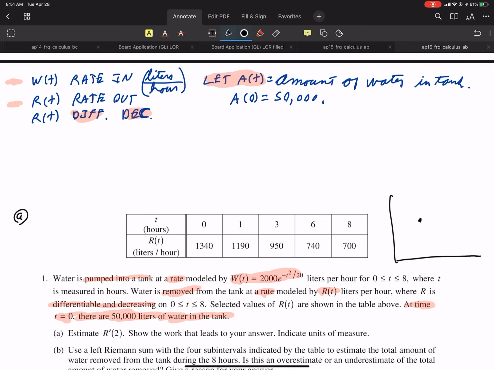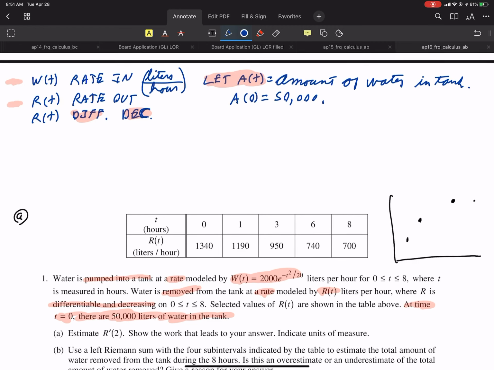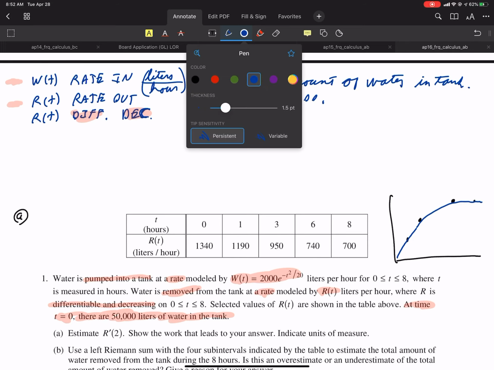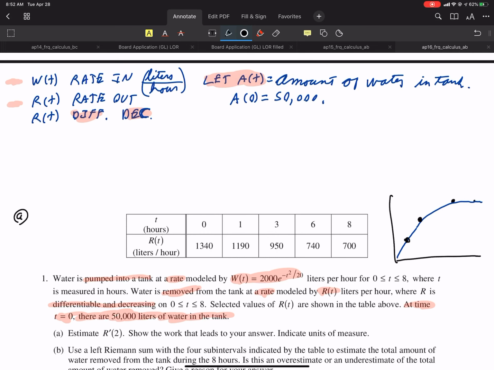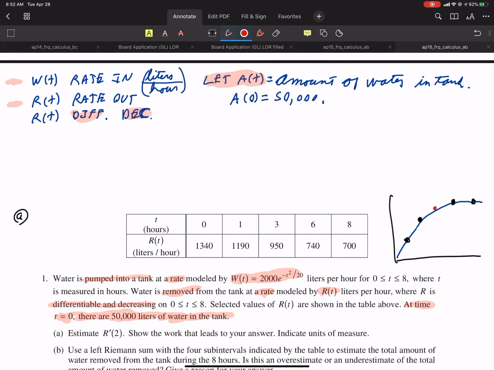So suppose I have the value of these few points here. I'm not actually graphing this graph, I'm just graphing a graph. Suppose we want the derivative right there at that red dot. Well, what is the derivative? It's the slope of a tangent line.